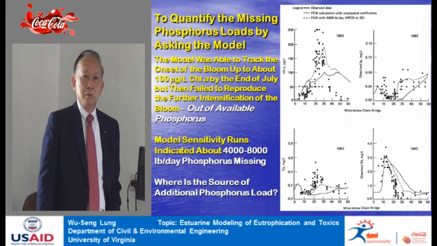We can ask the model, put in an extra poundage, an extra number. Finally, the model said, well, I need this much. That much put in, much improved, interesting, much improved. So now the question becomes, how do we find this extra?